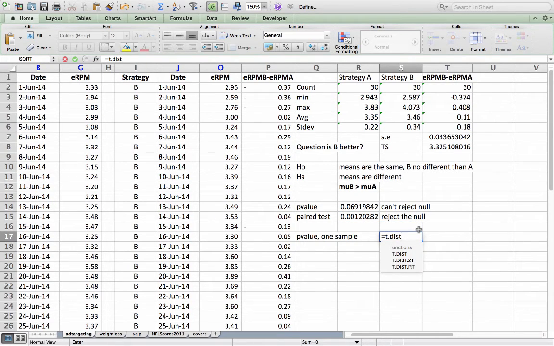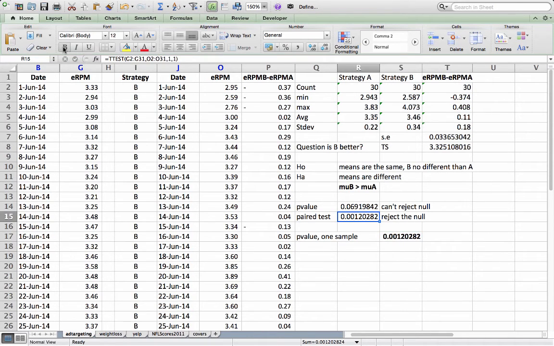Here we're hypothesizing, same as before, that B is better than A. So we would expect that this mean is greater than 0. So let's do our test statistic and a one-tail test, but the right tail. And our degrees of freedom are going to be 30 minus 1. And the cool part here is that these are going to be the same.